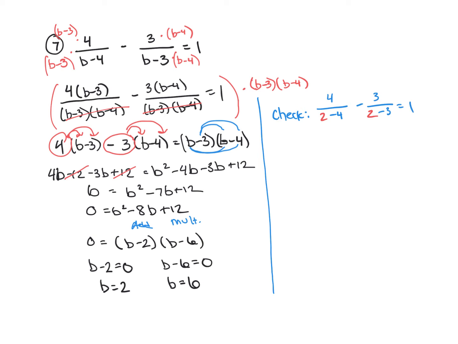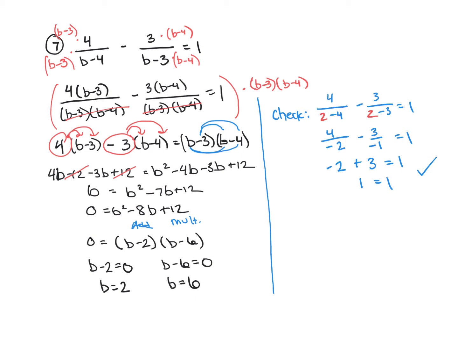Let's see, that left side is going to become 4 over negative 2 minus 3 over negative 1 is equal to 1. 4 over negative 2 gives us just a negative 2. And a negative 3 over negative 1 gives us a positive 3. And negative 2 plus 3 is 1. All right, so we got 1 is equal to 1. We know that 2 is in fact one of our answers.